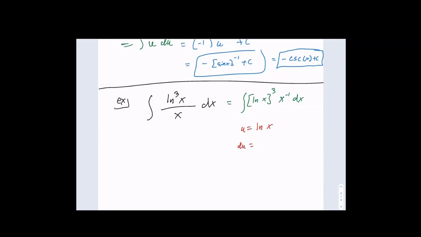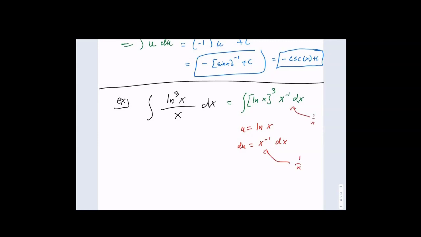I said I couldn't hear you. Oh, 1 over x? So it's 1 over x, and so here's the thing about this one. It's 1 over x, but we can also just say x to the negative 1 dx. And this is 1 over x, and you have to remember that this was 1 over x.